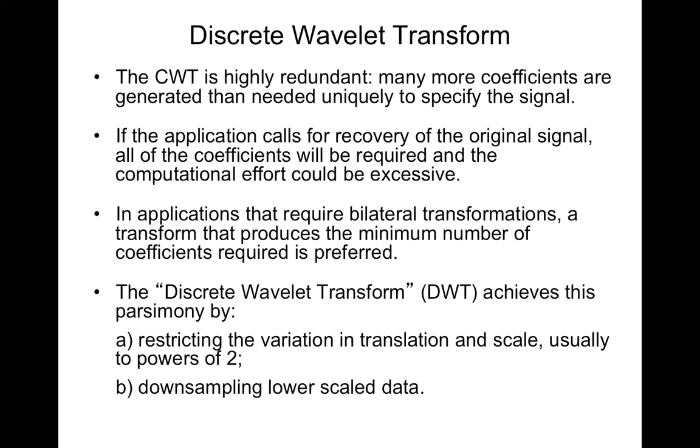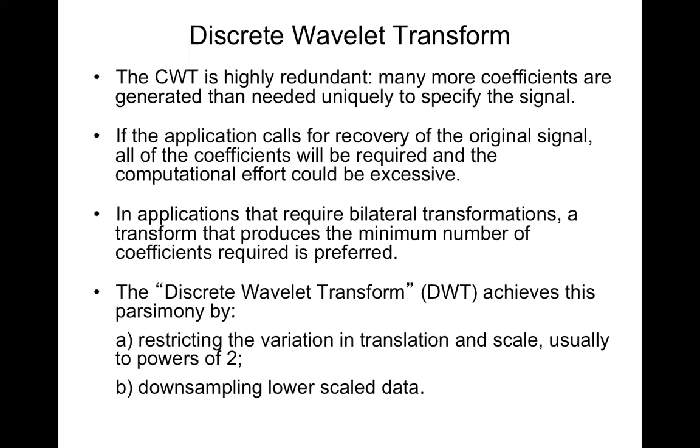So the continuous wavelet transform, as we saw in the previous lecture, is very redundant. In other words, you get a lot more coefficients than you need to specify the signal. There is some frequency overlap in the scale of decomposition. And so the problem with that, the bottom line, is the wavelets are not orthogonal.